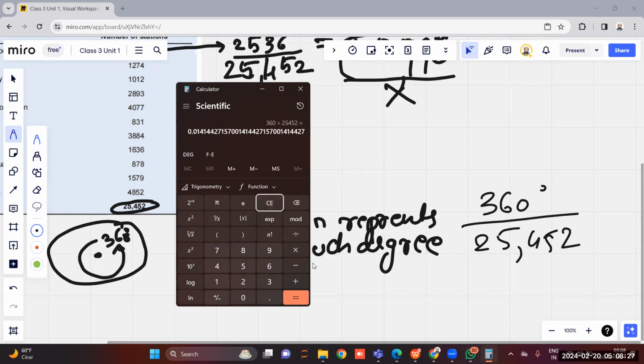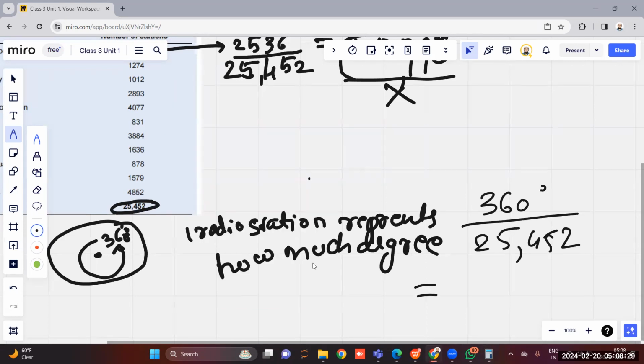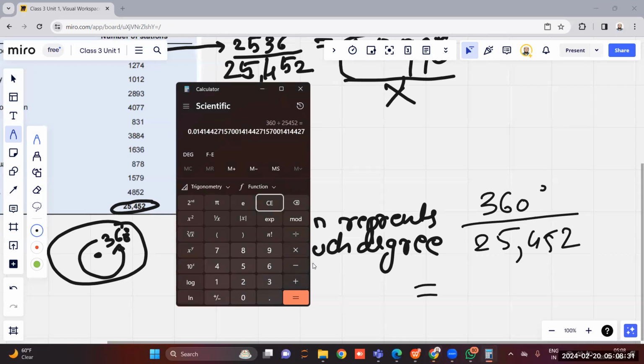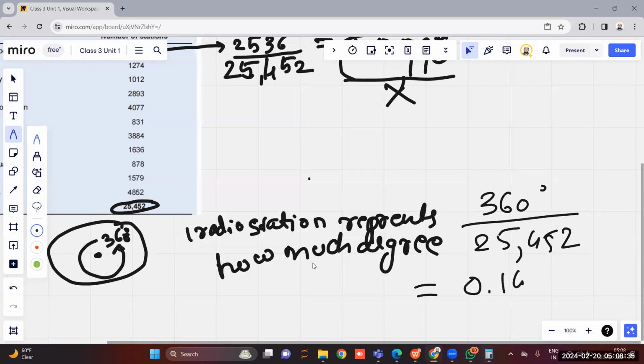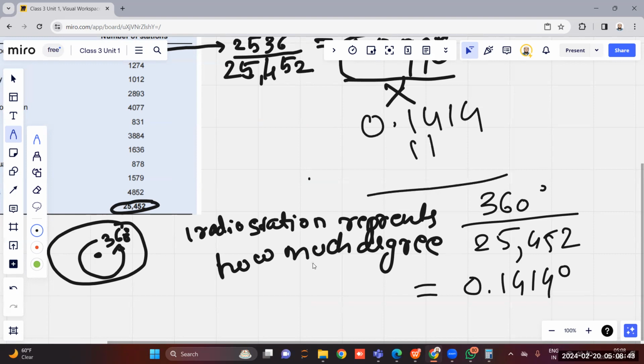The answer is near about 0.01414 degrees. Then I'll get the answer in degrees, how much the first radio station will represent in the chart.